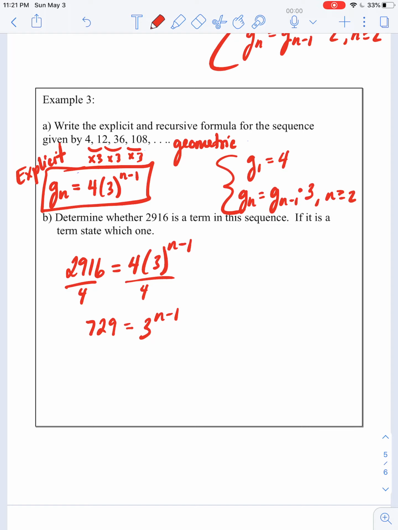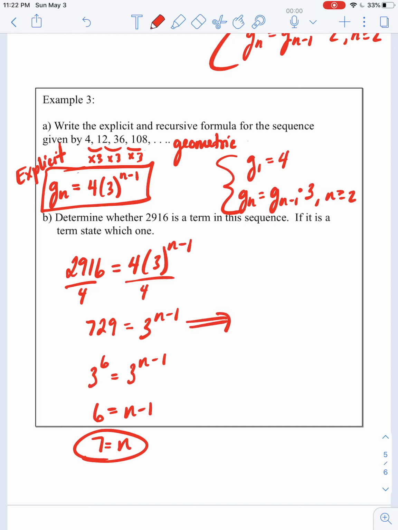It's been a while since we did our powers and such, but it is indeed. This is 3 to the 6th. So we can rewrite it, and that means we can set those exponents equal. So 6 equals n minus 1. So n equals 7. So yes, it is a term in the sequence because n turned out to be 7.